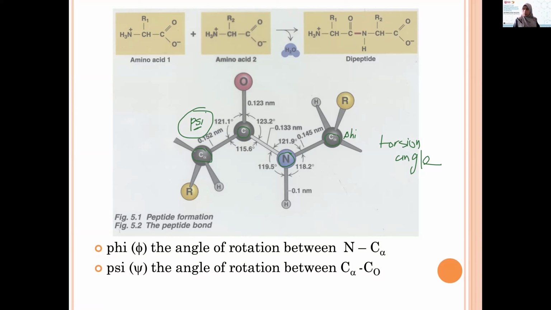You will have this possible bulky group, right? Oops. Where's the mouse? What happened?